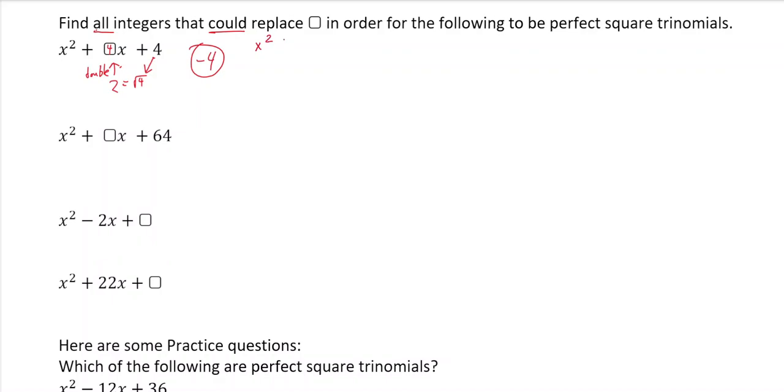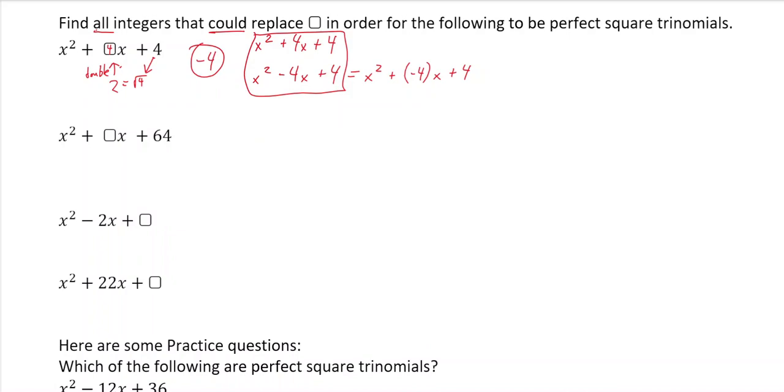So hear me out. This could be written like this, or it could be written like this. Both are valid. The box seems to be coming after a positive, but it's asking all integers, so it'd be like this. More precisely, it would be written like this. But that's the same thing.